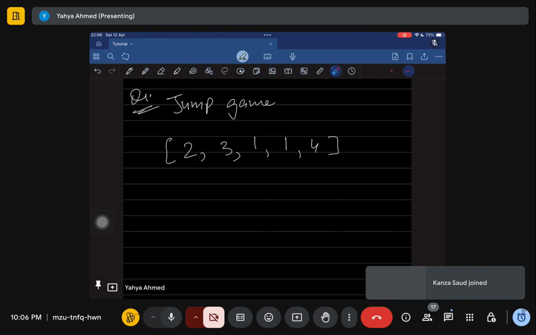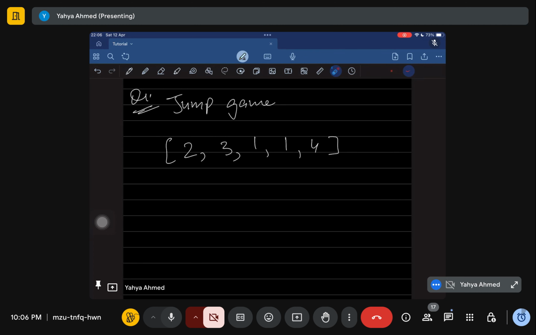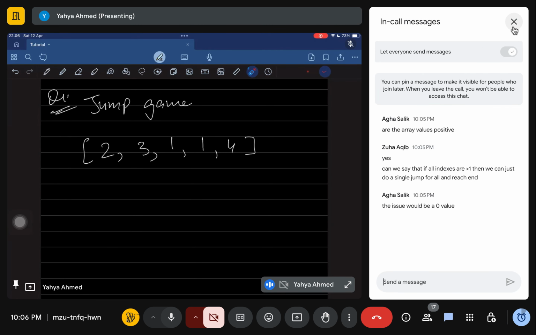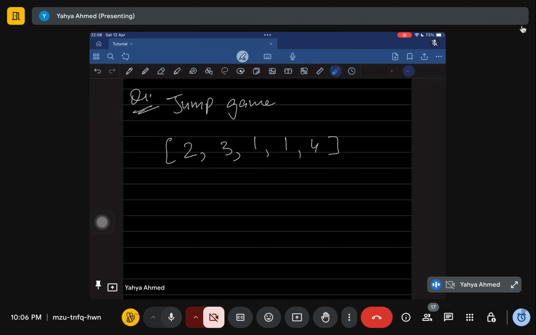Now how are you going to find out? What's the naive, what's the brute force way to do this? In case anyone hasn't picked this up, the brute force way would be to just start at the first index and explore all possible paths.